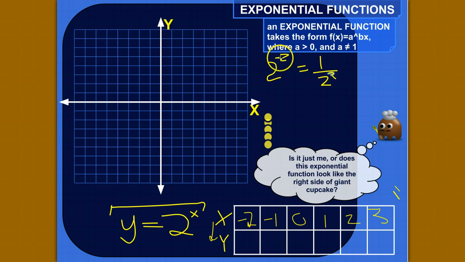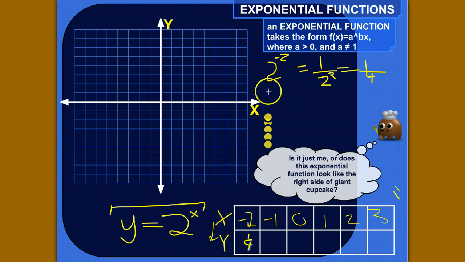That's what you do with negative exponents. 2 to the second is 4, so this is equal to 1/4. So if we have negative 2 for x, then we get 1/4 for y.